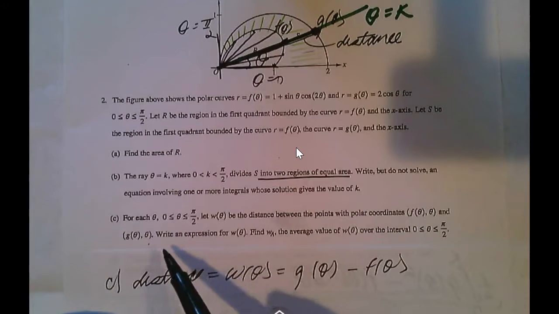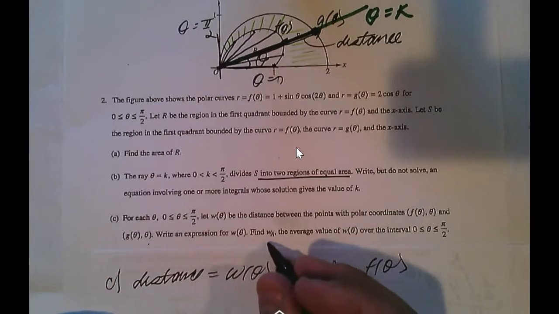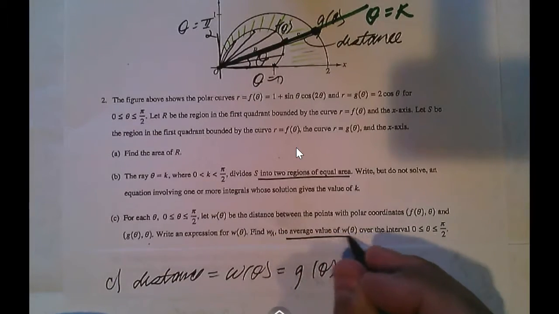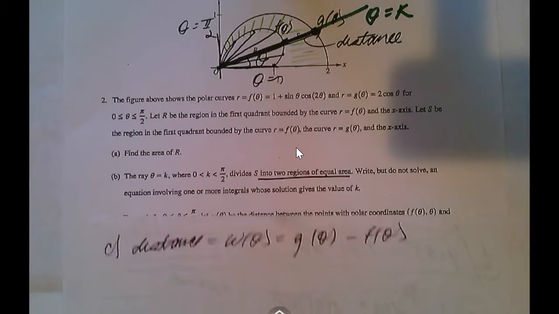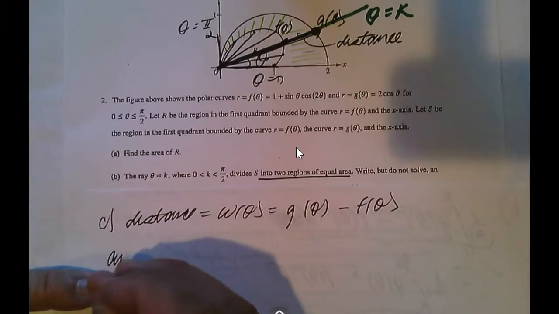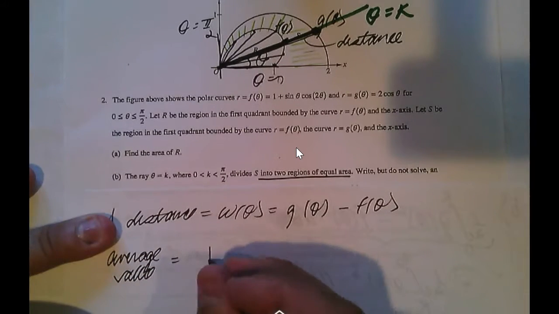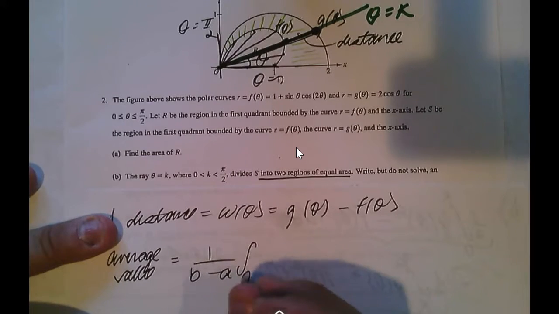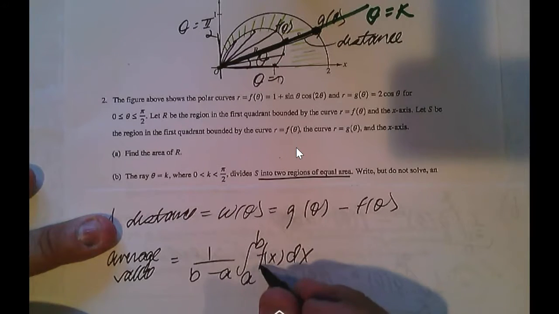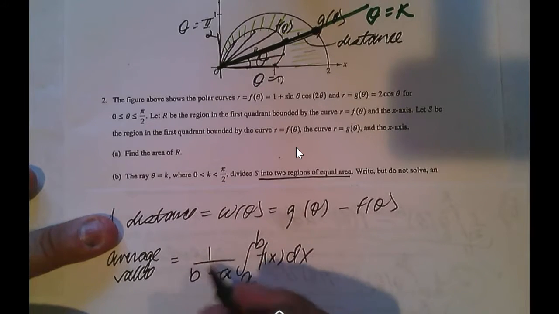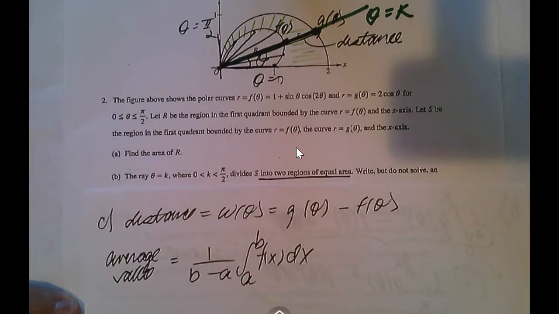Okay. Write an expression for w of theta. Check. Find w sub a, the average value over the interval 0 to pi over 2. Okay, well, maybe that's not too bad. Remember the way that you find average value in calculus class? We did this in AB a lot. The average value of a function over an interval a to b, you find the integral of that function from a to b, divided by the length of the interval, which is b minus a, or in this case, 1 over b minus a.